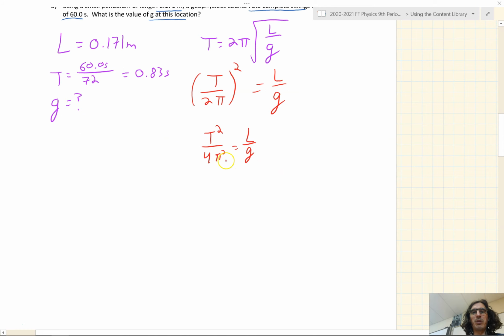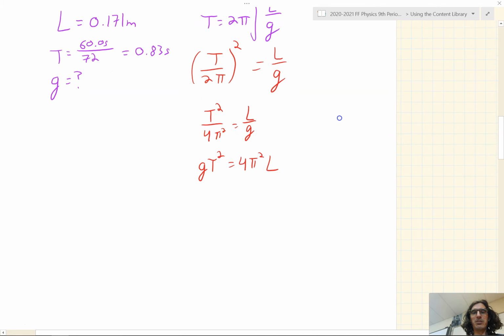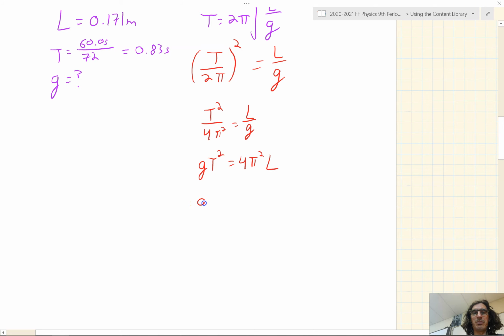Let's cross multiply. GT squared equals 4 pi squared L, and then divide both sides by the period squared. G equals 4 pi squared L all over T squared.